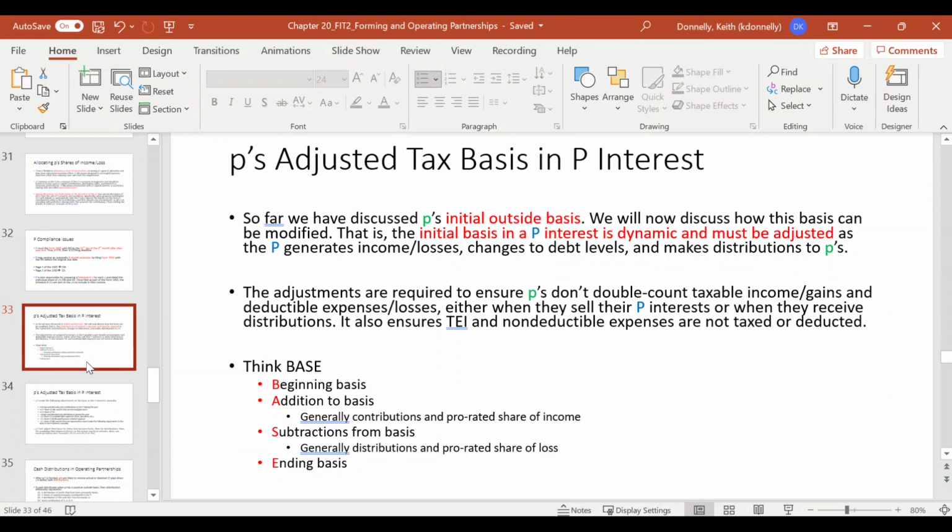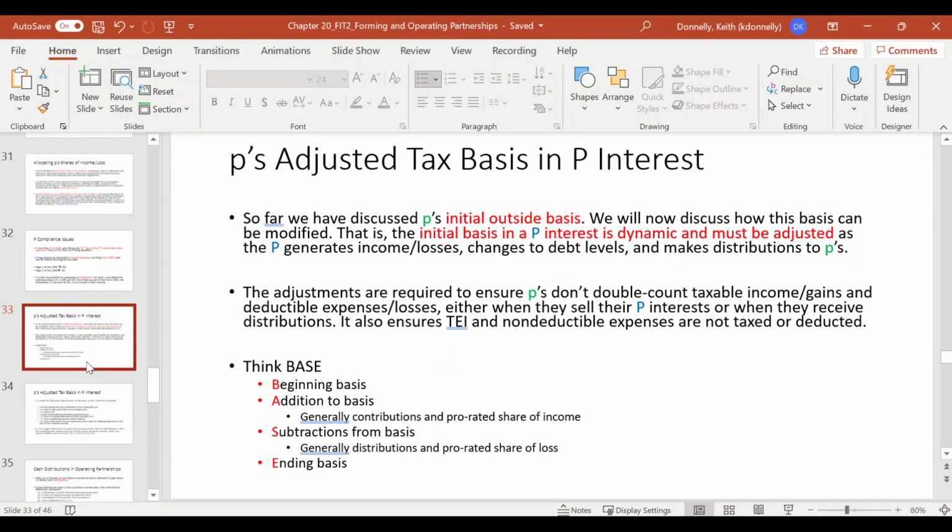However, once you establish your initial outside basis, as the partnership makes money or loses money, or you contribute more, or you take distributions, or you have more debt, or you have less debt, you have to modify and update your outside basis. In other words, the outside basis is not a static item with regard to a partnership interest.